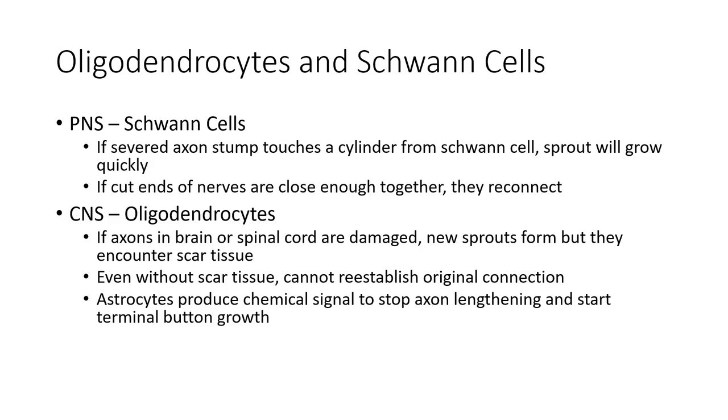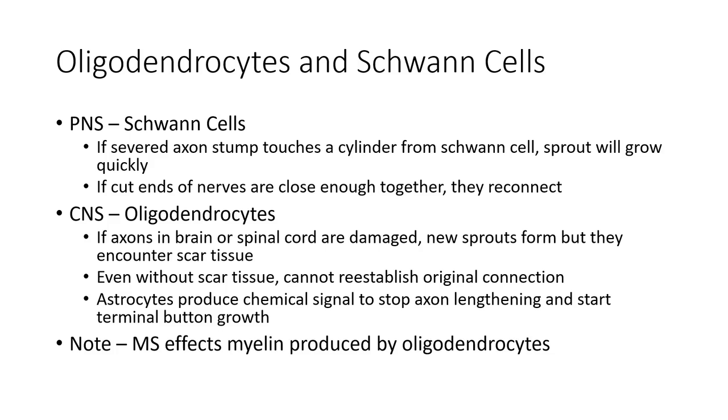Specifically, what happens here in the CNS is that the astrocytes, which are another type of supporting cell that we talked about earlier, will produce a chemical signal. They produce a chemical signal for axons in the central nervous system to stop lengthening or stop growing and to start sprouting terminal buttons.